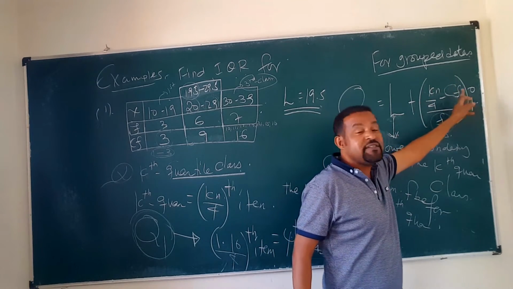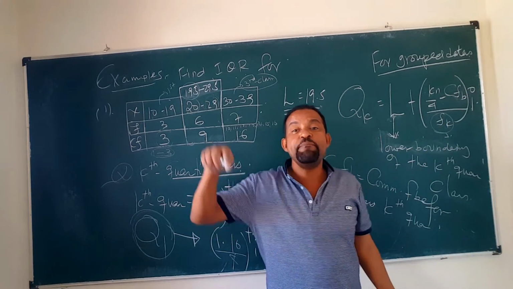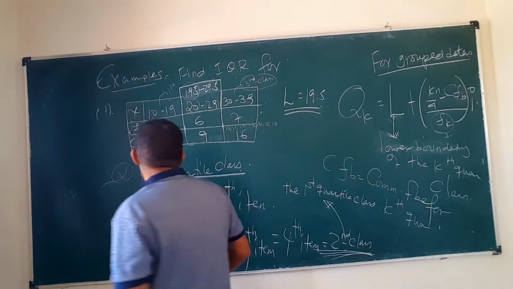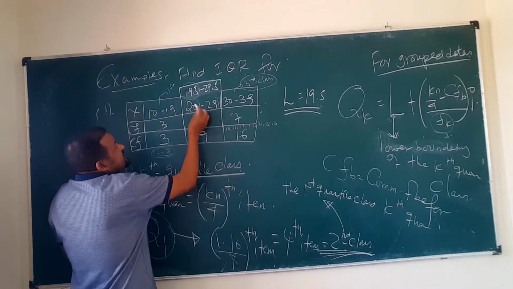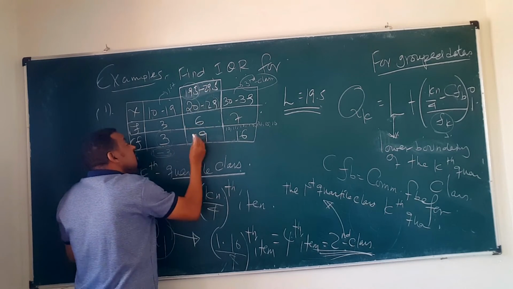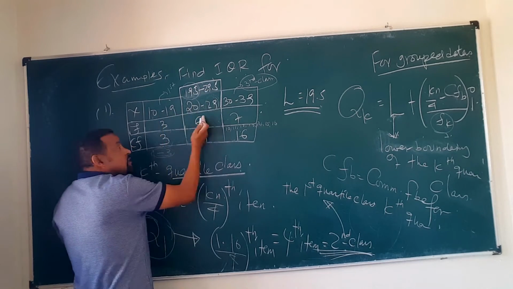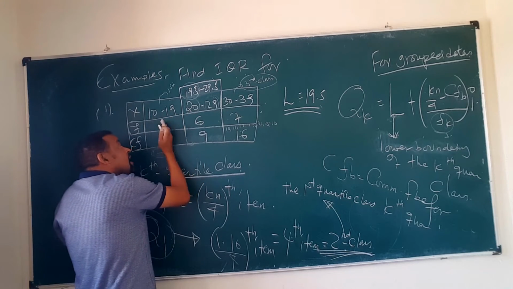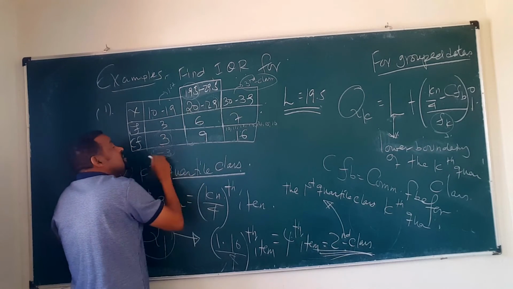Okay, the next one is k አለን 1 ነው, n አለን 16 ነው, 4 ነው. CFB is the cumulative frequency before that quartile class. አሁን quartile classአችን ማን ነው? Second class ነው. Before that quartile class ማለት the first class ነው.